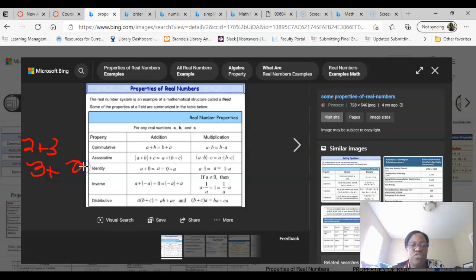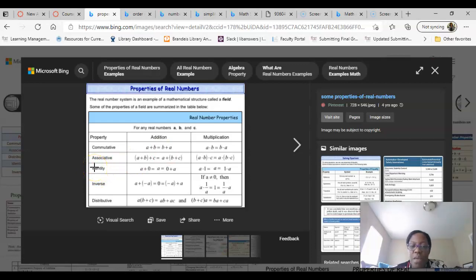Why? Because 2 plus 3 equals 5 and 3 plus 2 equals 5 as well. In terms of your associative property, all that's happening is that the parentheses are moving from A plus B to B plus C, but the answer will remain the same in both addition as well as multiplication.